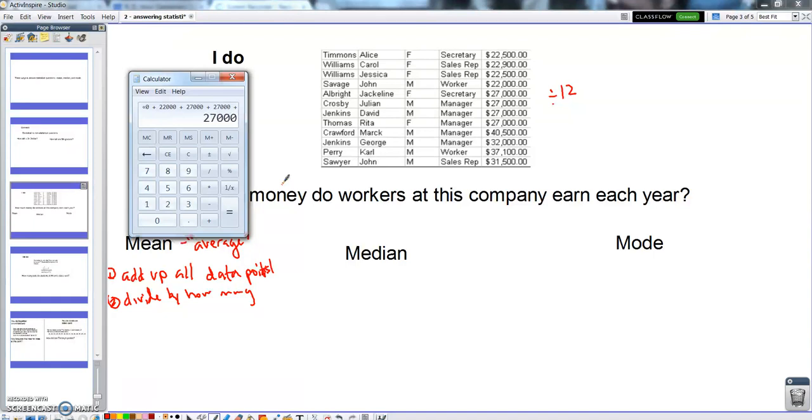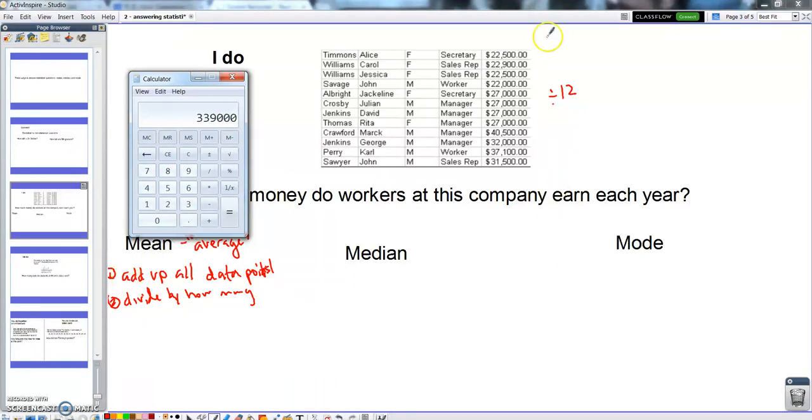Is that right? 3 times? 1, 2, 3. No, 4 times. Plus 27,000. Yeah, a 4th time. Plus 40,500. Plus 32,000. Plus 37,100. Plus 31,500. So altogether, those people make $339,000.